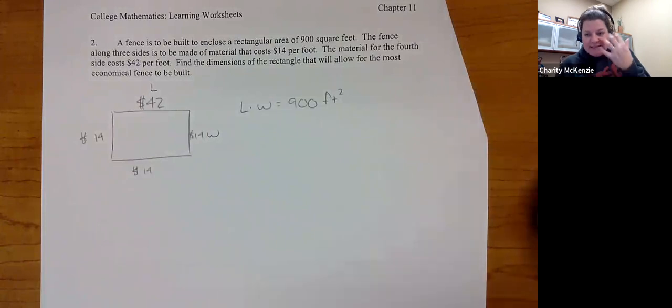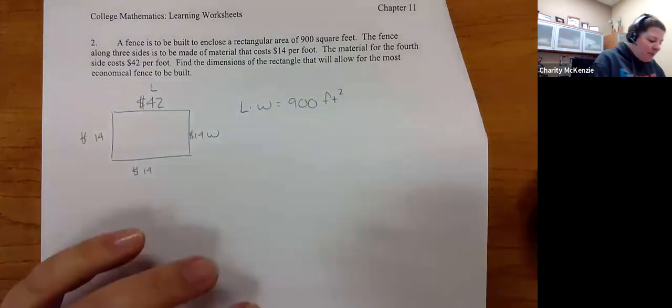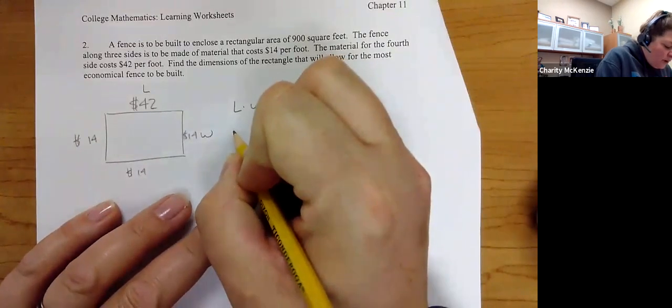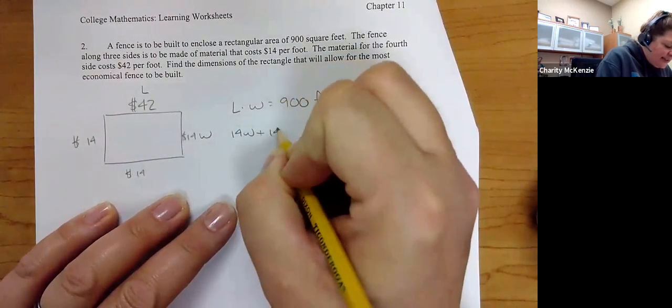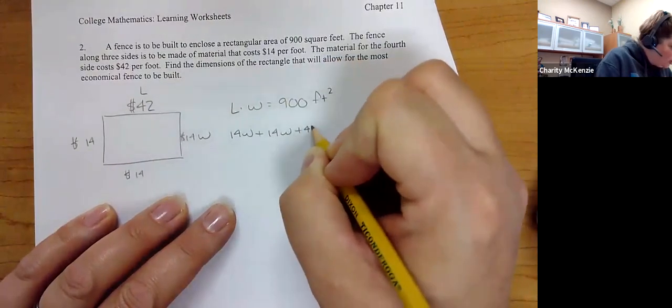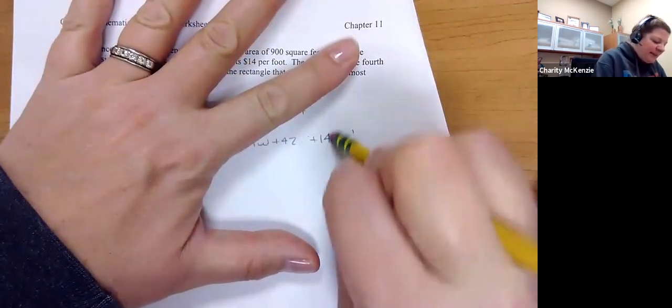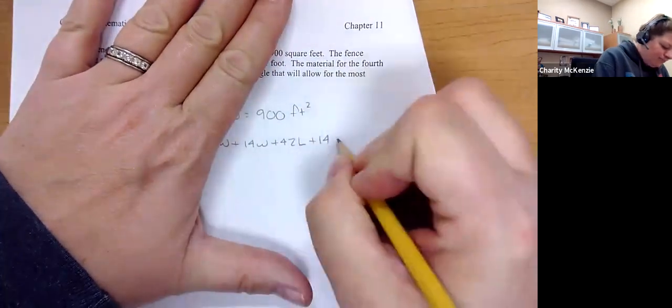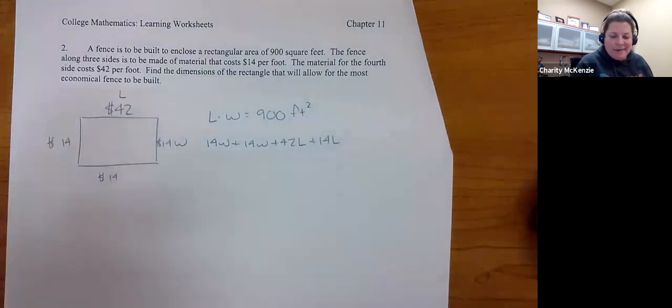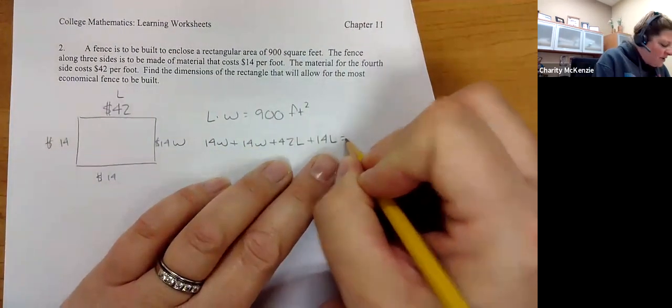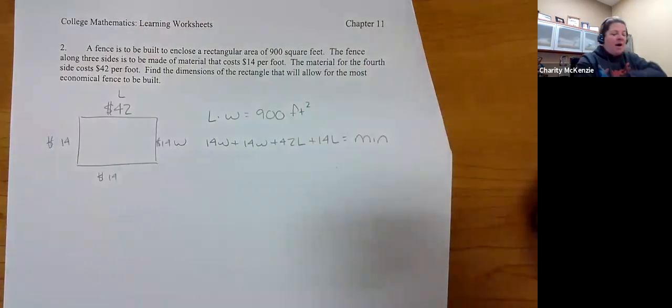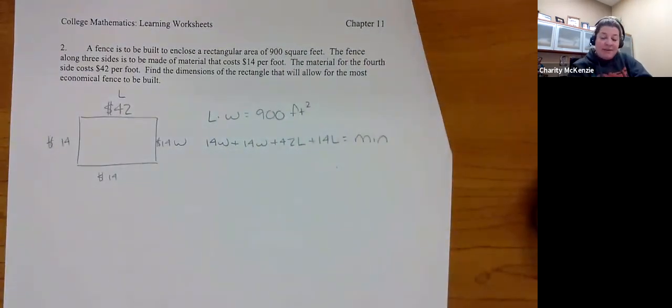The area is going to help us solve that problem, but the cost would be 14W plus 14W plus 42L plus 14L. Oh, I changed it from whatever. I wrote X's and Y's on my paper that I was looking at, that's why. And we don't know what this is. This is our minimum. So I thought through, I need to minimize the cost. That's what's going to catch you, making sure you know which formula you want to write the minimize function on.